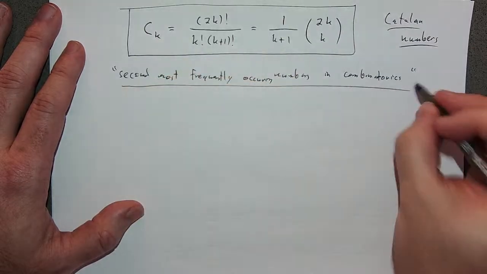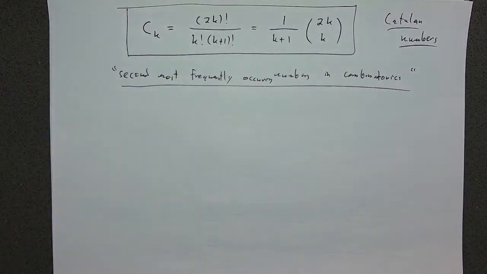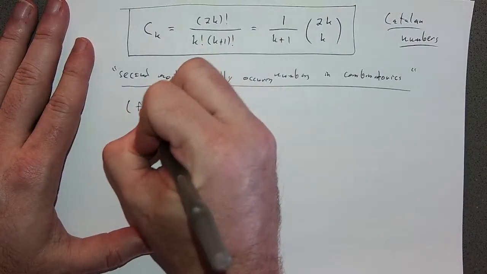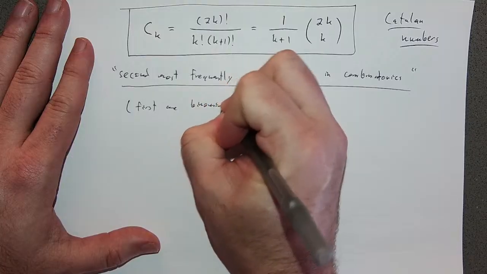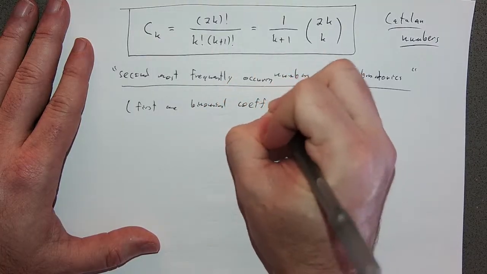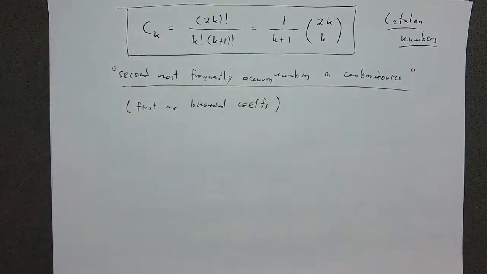What do you think the first most frequently occurring numbers are? The binomial coefficients. Just the straight up binomial coefficients. But aside from the binomial coefficients, these have been claimed to be the second most frequently occurring numbers to show up.